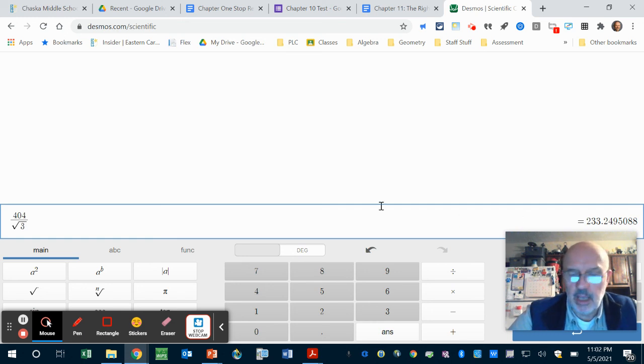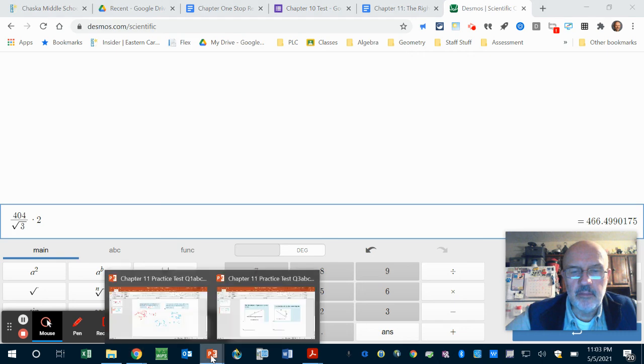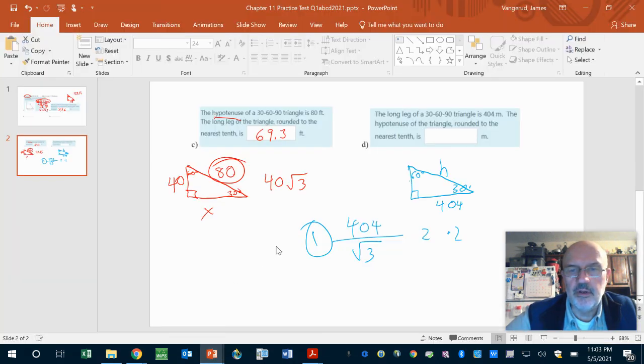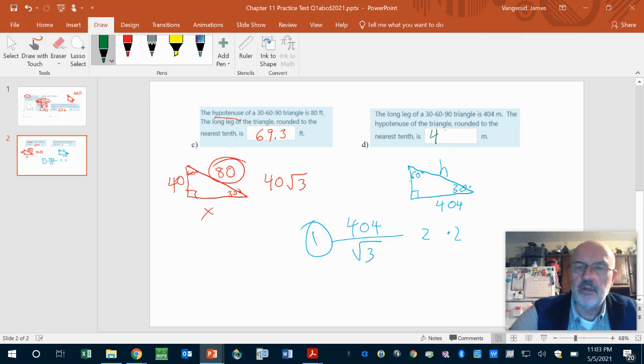So that's the short leg, but we want the hypotenuse. So we're going to multiply it by 2. And that comes out to 466.5. All right, so let's go put that in. 466.5. And we will have done our job here.